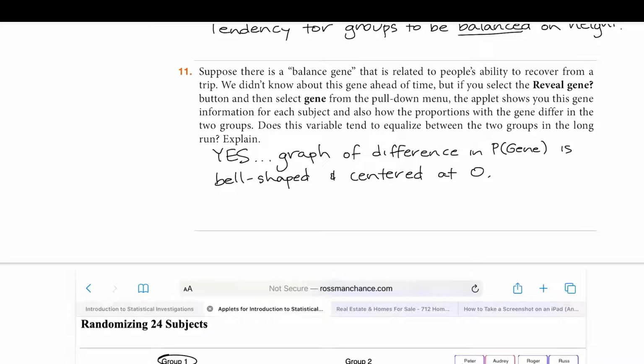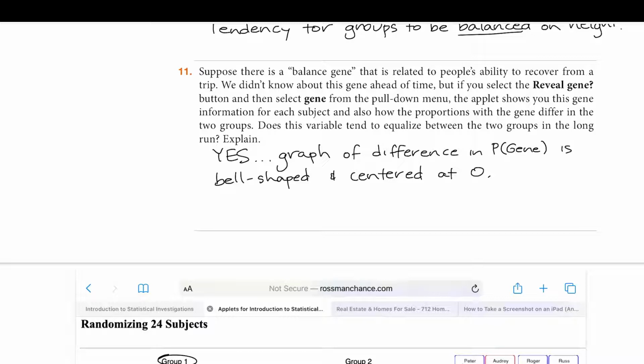So what does that mean? It means that we tend to get a similar mixture of people in each group that have the gene. So the centering at 0 is important because that shows that the most common outcome is for the two groups to have the same proportion of people with the gene. So when you subtract the proportions, you get 0.